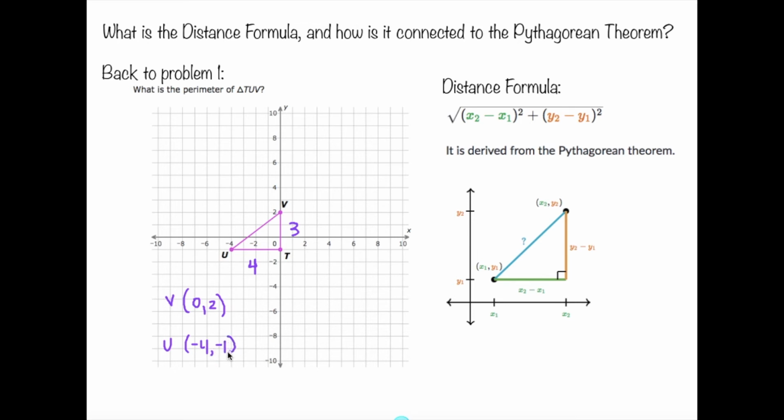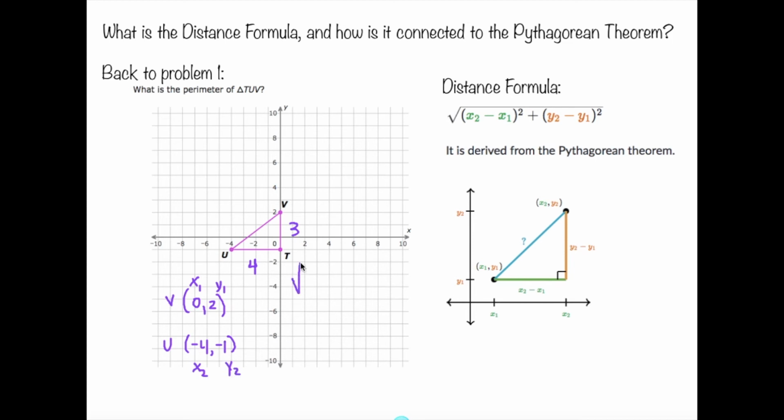If we use our distance formula, we need to decide x1 and x2, and you can see how these are labeled. x1 and y1 have to be the coordinates that go together for the same point. So I'm going to make this x1 and y1, and it doesn't matter which one's x1 and which one's x2, but the x and y have to go together. So we'll make this x2 and y2.